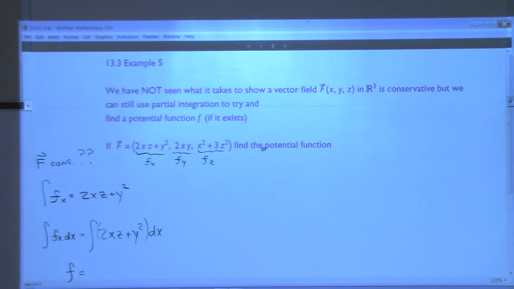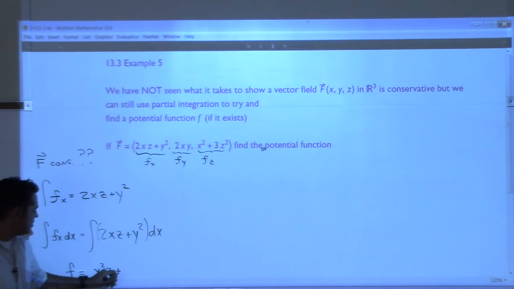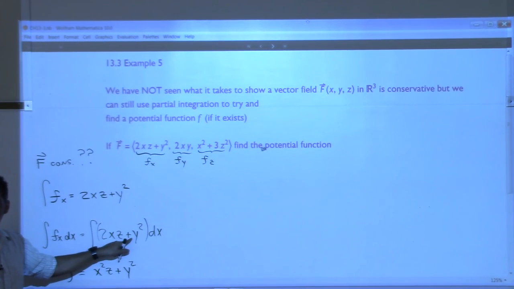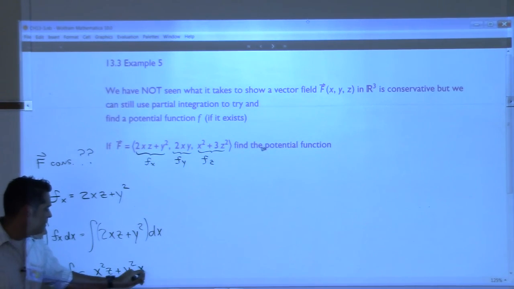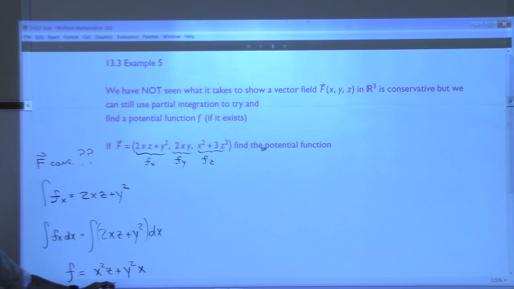Yeah, go ahead. So you're just integrating the function 2xz with respect to x. Yeah. x squared z plus y squared x, remember, treating y squared like a constant when you take the antiderivative. But remember, we have to think about what this could be.